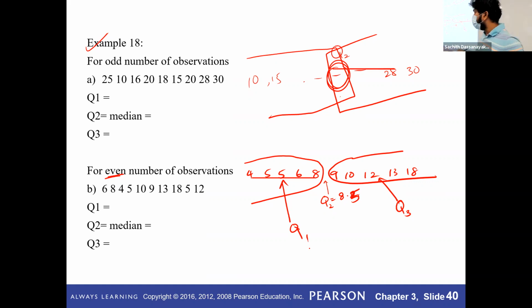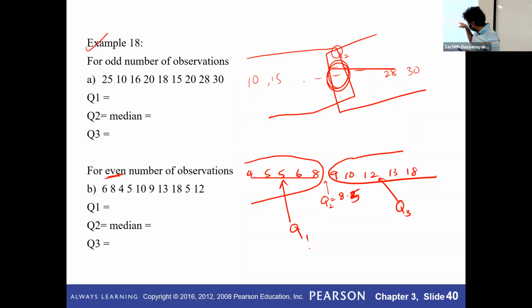Do you remember the property of a median? It is a resistant measure. It resists outliers, right? Because we are taking positions. But the mean, do you remember, is not a resistant measure, while the median is a resistant measure.